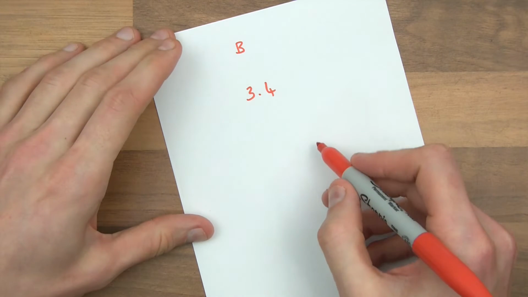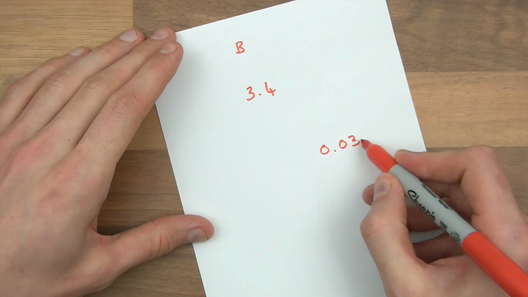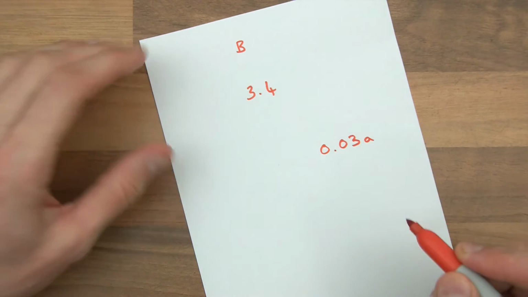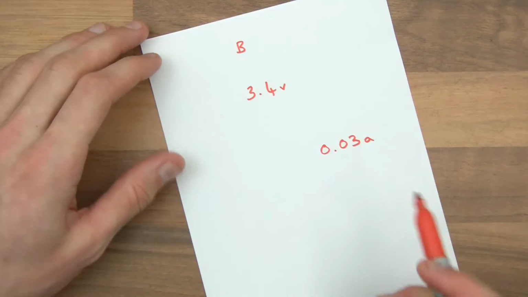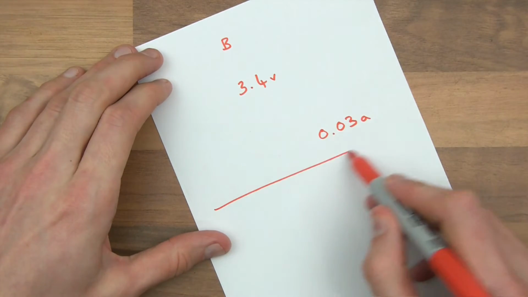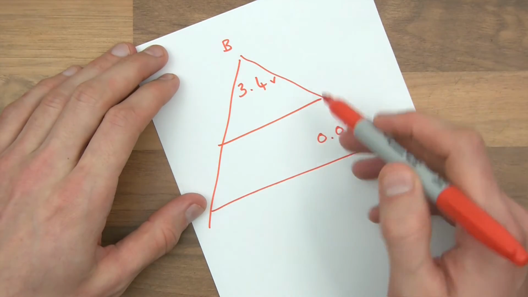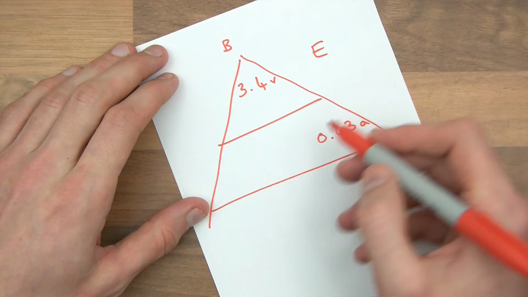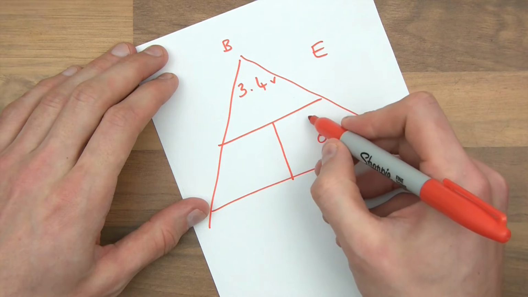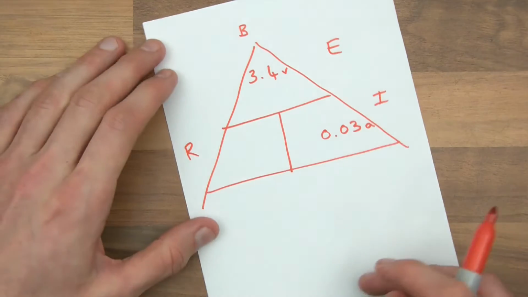So yeah, 0.03 amps, okay? And that's volts of course. And if you can tell, I assume you probably can, I'm actually drawing Ohm's triangle. And in Ohm's triangle we've got voltage in there, and then we've got current in here, and we've got resistance here.